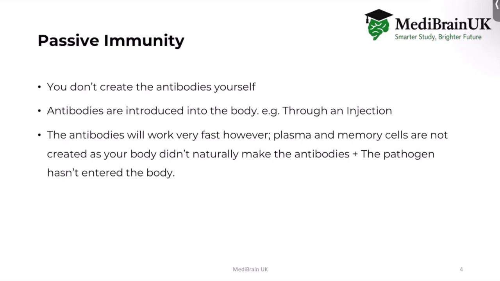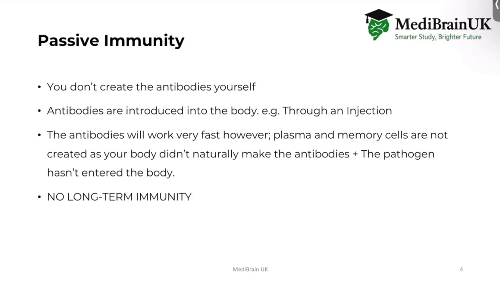So if we look at the venomous snake example, let's say a person has been bitten by a venomous snake, a form of passive immunity, such as injecting antibodies into the blood to get rid of the venom from the snake, would be used rather than active immunity, because passive immunity is much faster because you're injecting the antibodies straight into your blood.